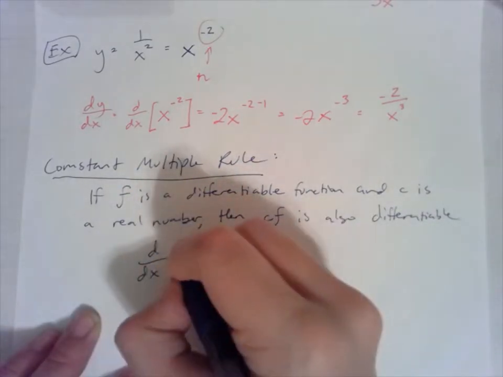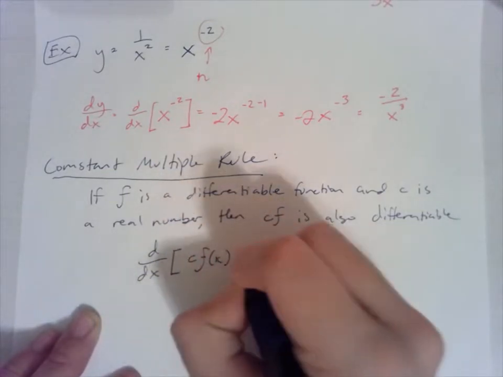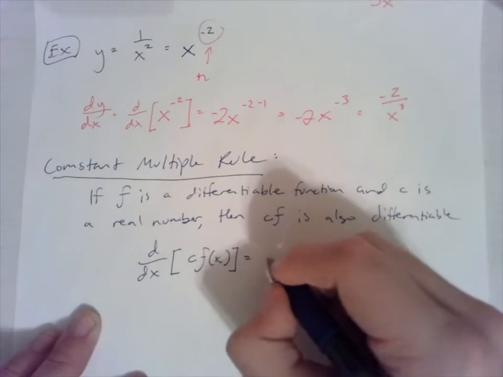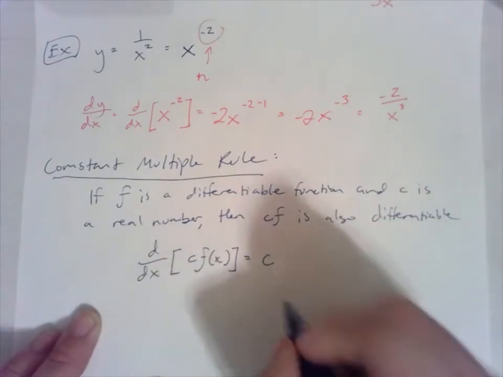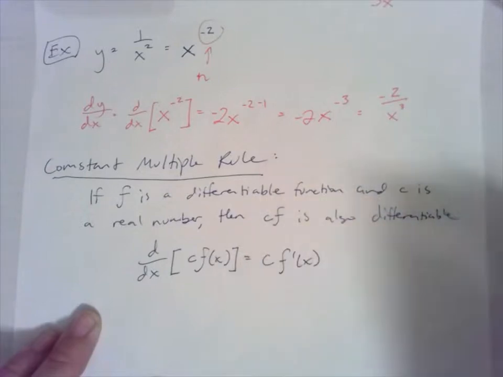The derivative of c f of x equals the constant, our c value, times the derivative of f of x.